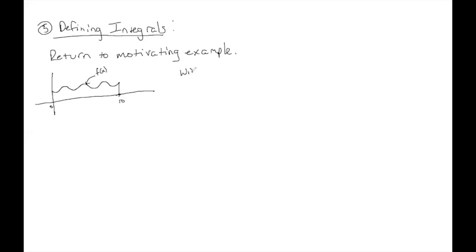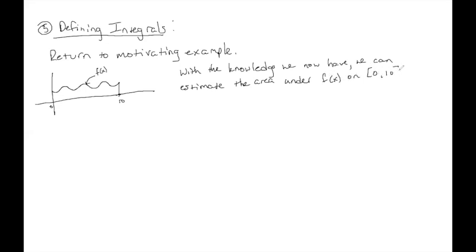Okay, so with the knowledge we now have, we can estimate the area under f of x on the interval 0 to 10 with n rectangles, as many rectangles as you want, right? We can just pick. We know how to deal with it no matter what n is.